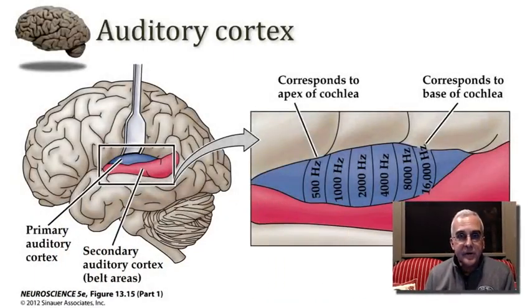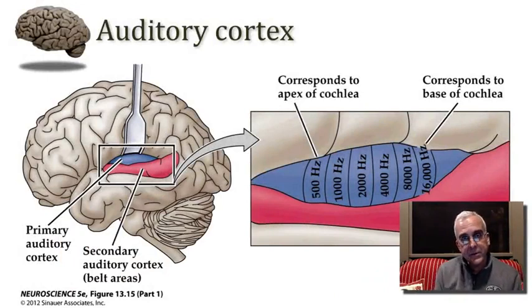So the auditory cortex is organized into a core region which is surrounded by a belt of higher order auditory areas. That core region is found along the superior aspect of the temporal lobe. And there's a series of transverse gyri that we find on that superior plane of the temporal lobe that are called Heschl's gyri.